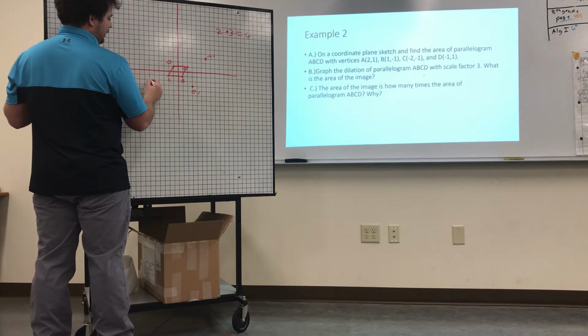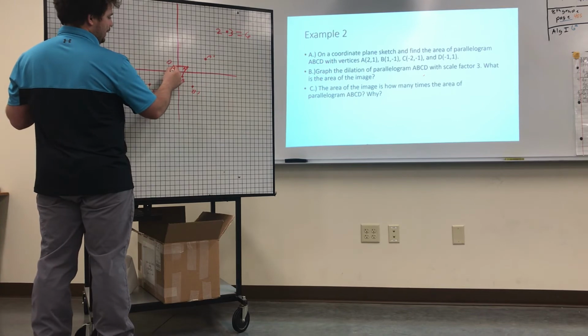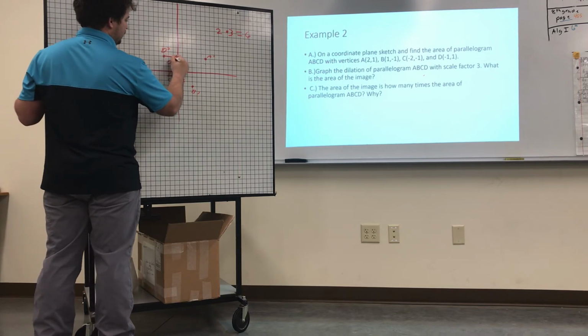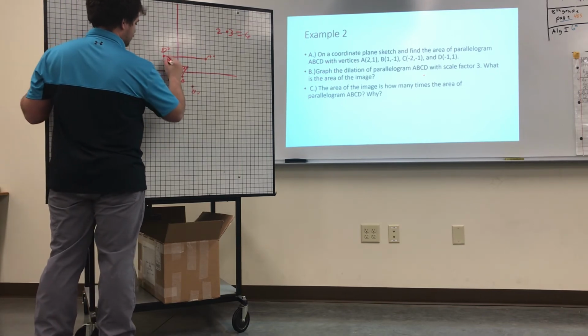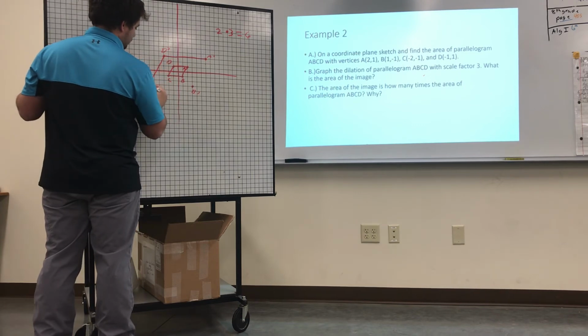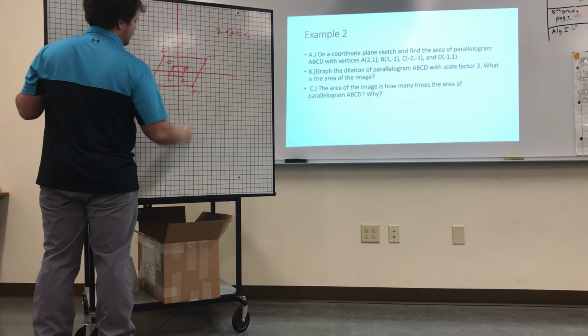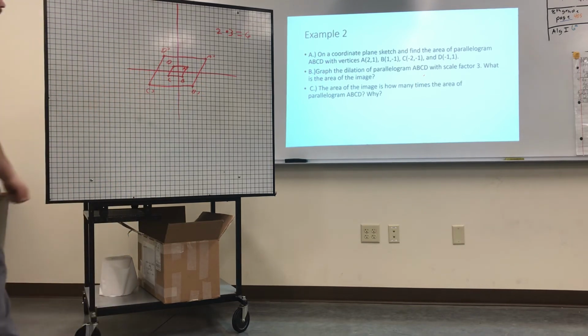That is C prime. D is going to be at (-3, 3), 1, 2, 3. That's going to be D prime. There's something that looks like that.